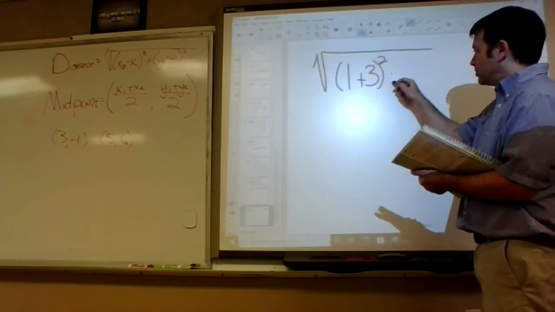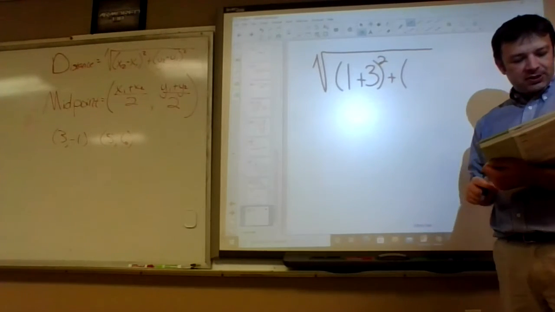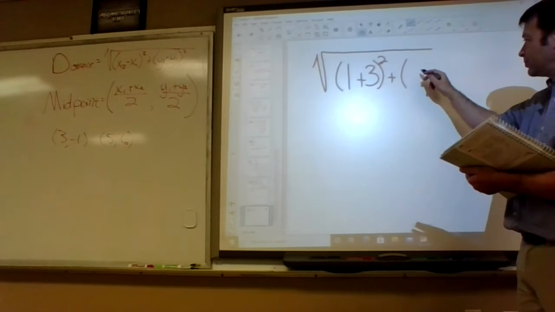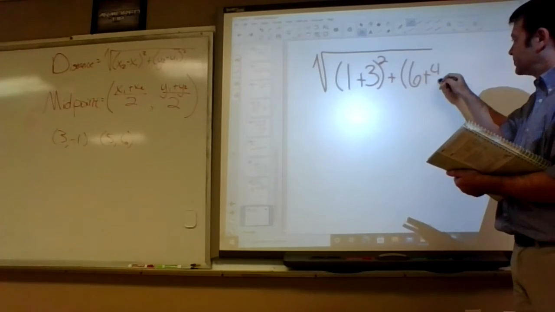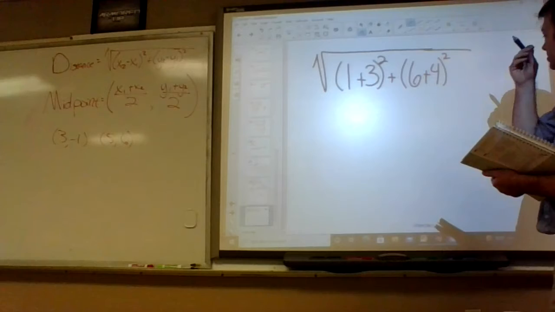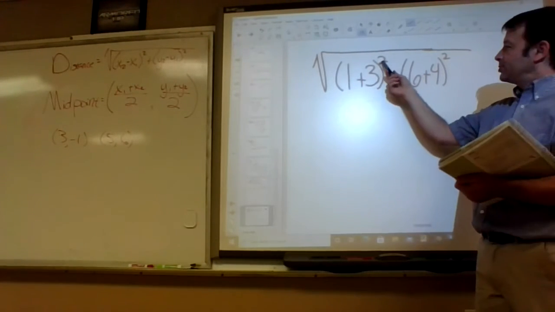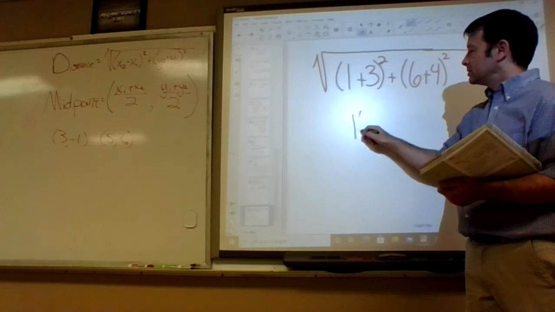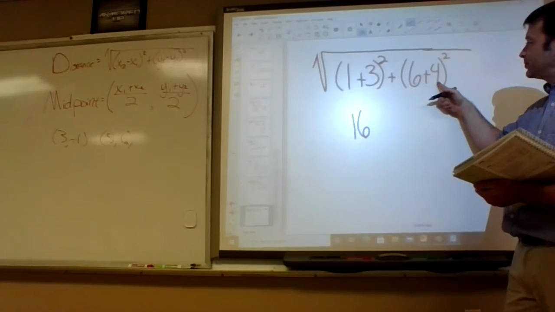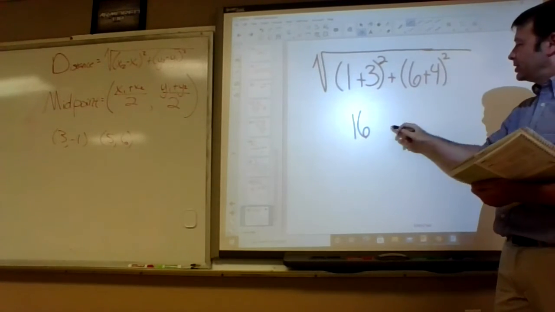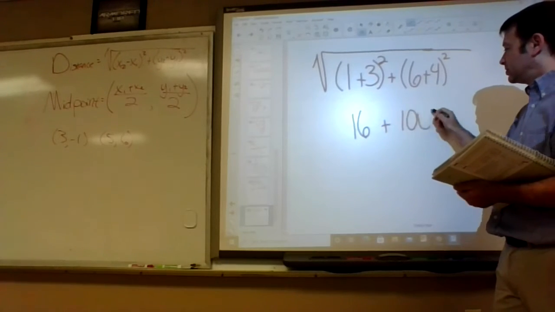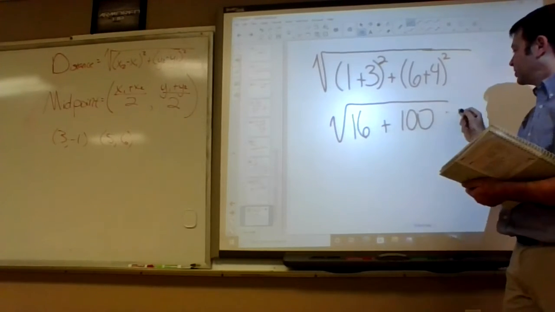And plus in between the parentheses, 6 minus negative 4, or 6 plus 4. 1 plus 3 is 4. 4 squared is 16. 6 plus 4 is 10. 10 squared is 100. So we got the square root of 116.